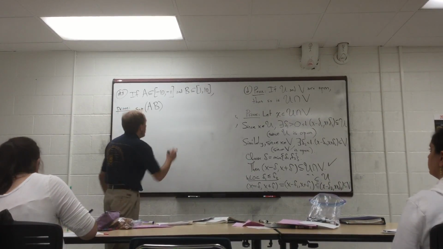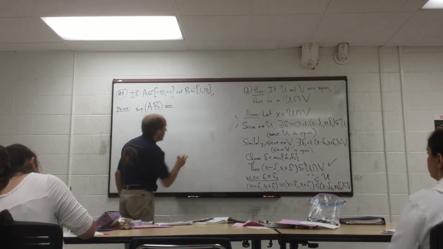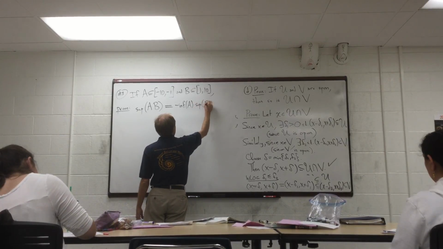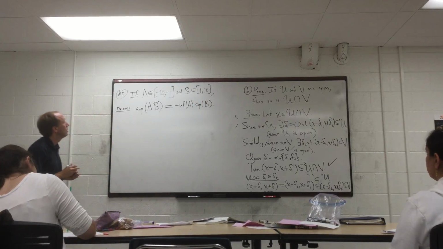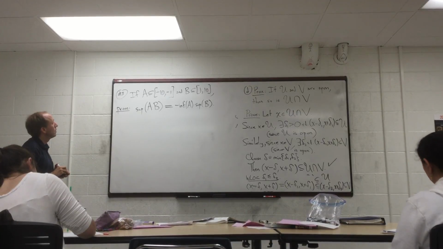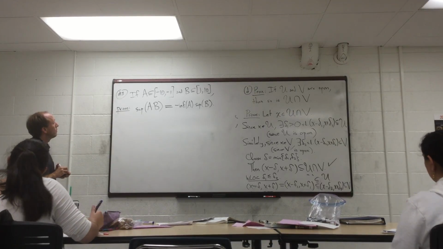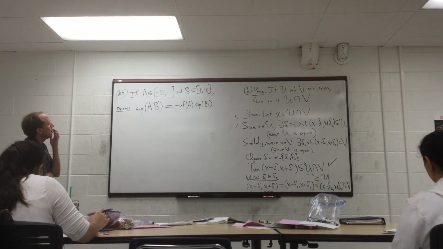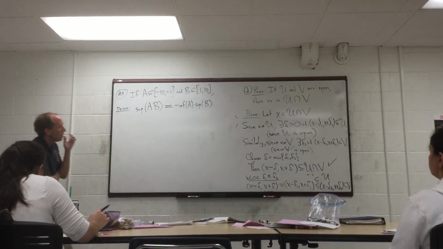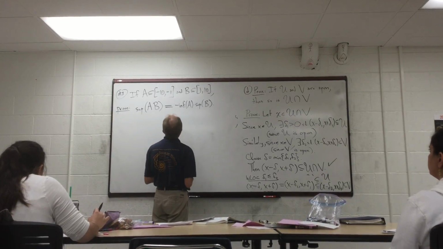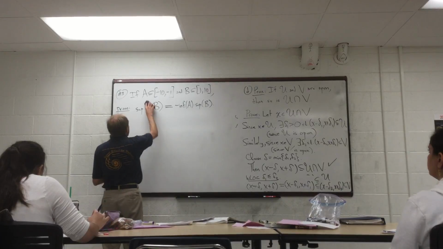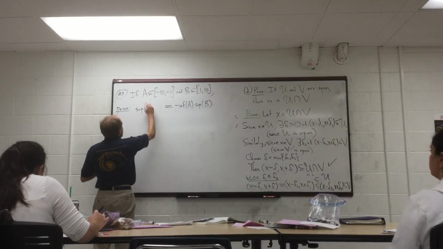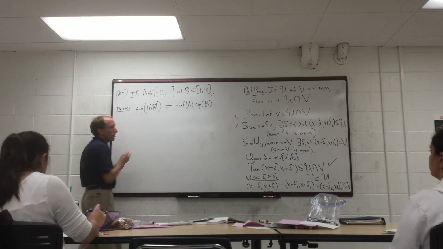Let's prove that that's equal to negative of the infimum of capital A times the supremum of capital B. No, this is not what I wanted. Sorry, this is supposed to be the supremum of something else here. This is supposed to be the supremum of the set absolute value of AB. This is what I meant to write.